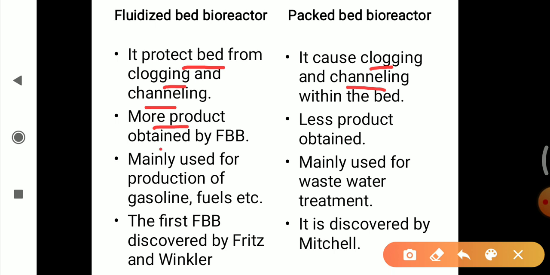More product is obtained in the fluidized bed bioreactor, whereas less product is obtained in the packed bed bioreactor.